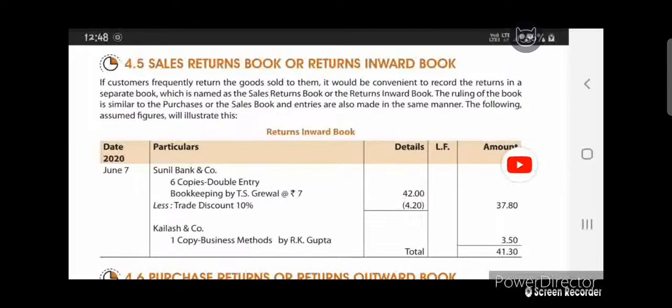That separate book, in which you write the information about all the goods the customer has returned, is the sales return book, or return inward book. The ruling of the book is similar to the purchase or sales book, and entries are also made in the same manner.